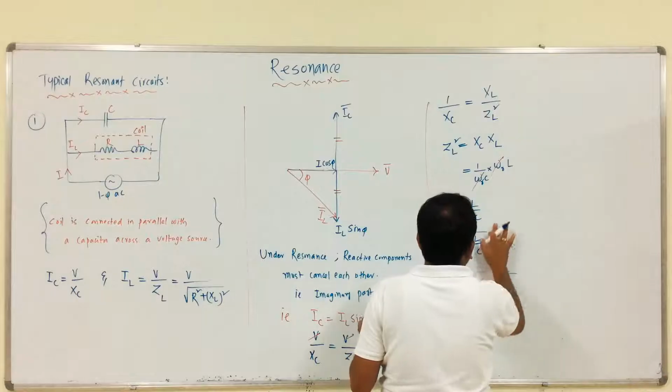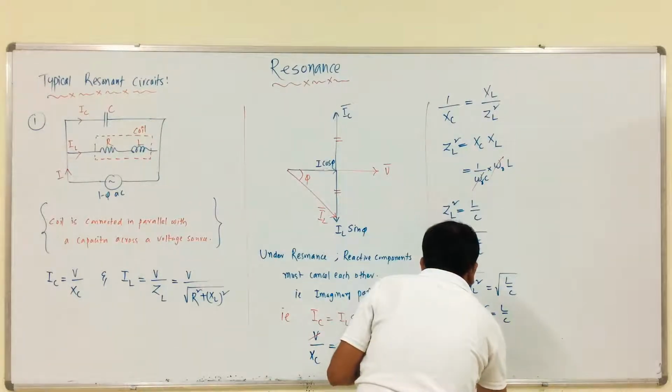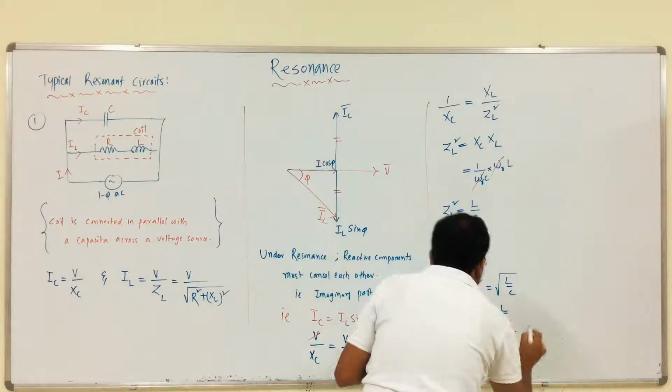So, omega square L square is equal to L by C minus R square.